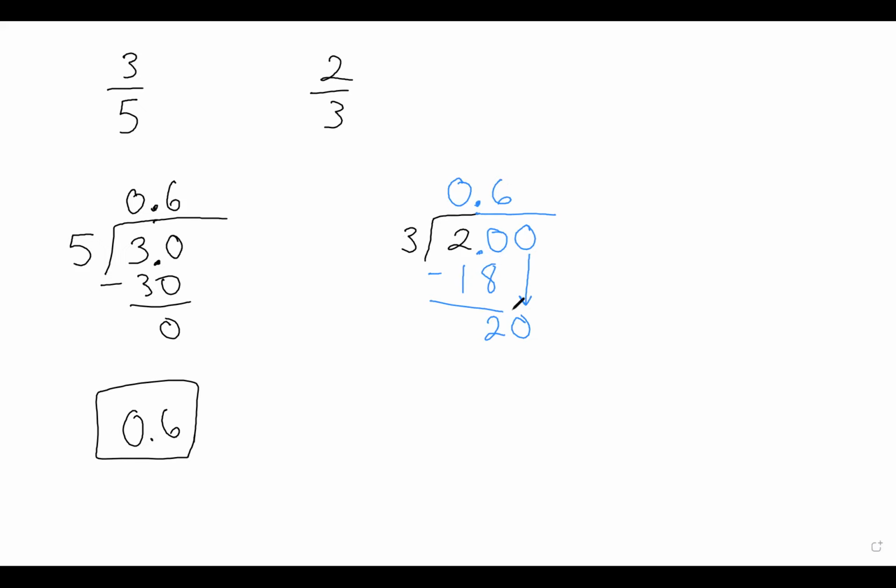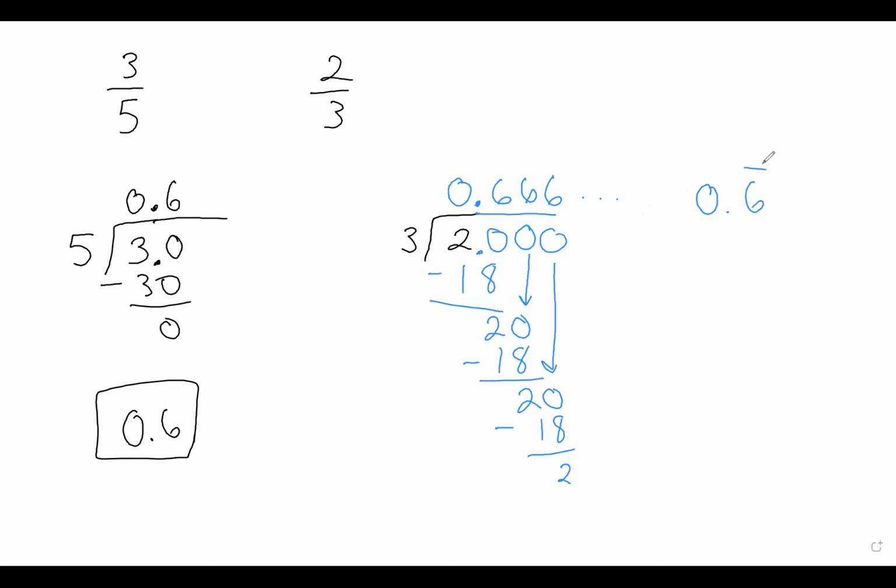How many times does 3 go into 20? It's 6 times again, giving a remainder of 2. Bring down the 0, 20. 6 times again. See how this would go on forever? This is a repeating decimal, so this is never going to end. Sometimes you can answer this with a little bar over the 6 to show that the 6 repeats forever.